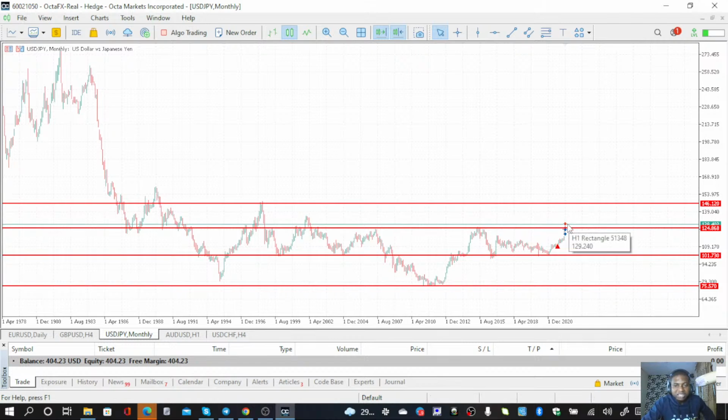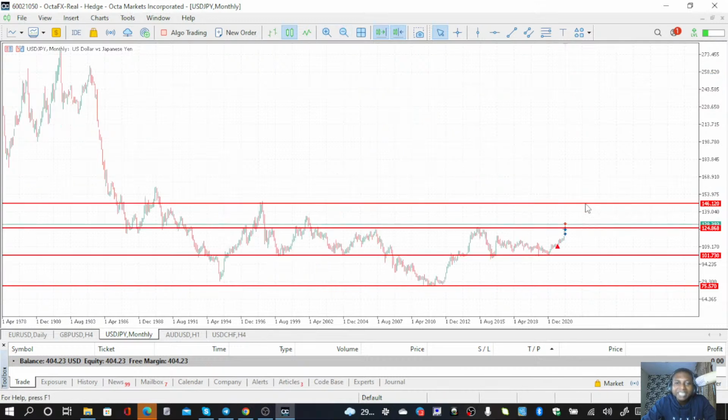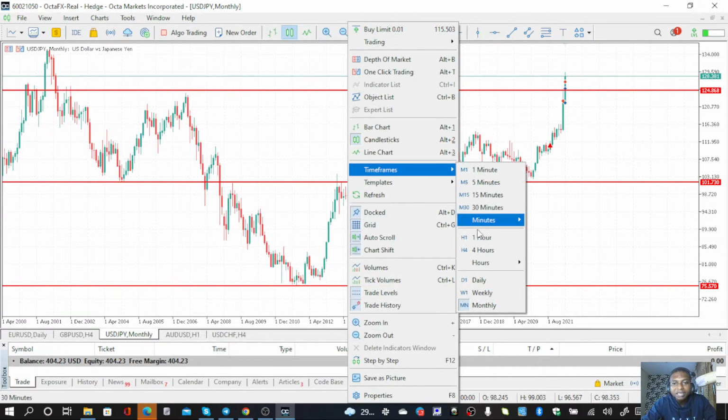The question is: what next from here? Are we expecting an extension to the upside, a continuous bullish run, or are we expecting a pullback? Now let's take it closer, the weekly time frame.